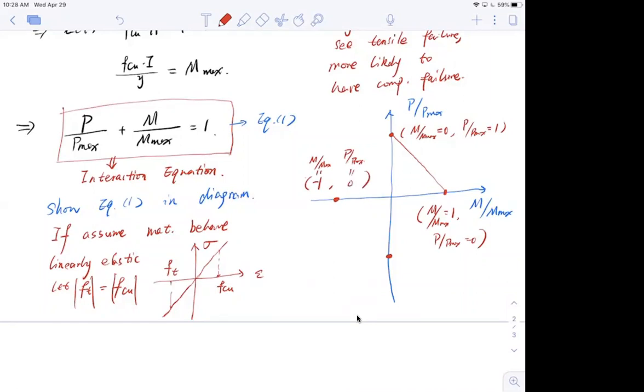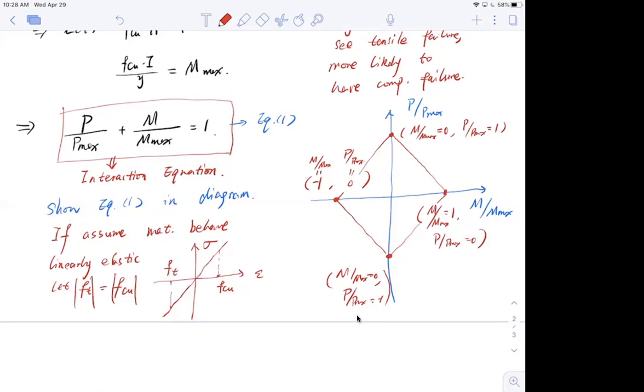And at the bottom here, I have M divided by M max equal to 0, P divided by P max equal to -1. Then I connect all these points. All right, I have a diamond.